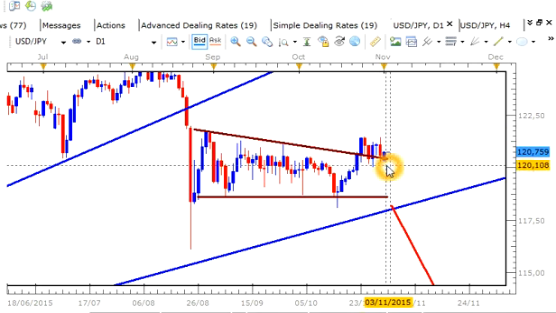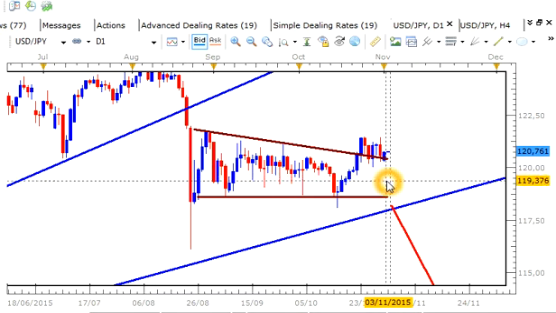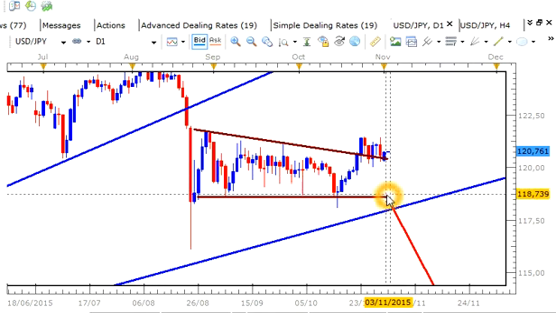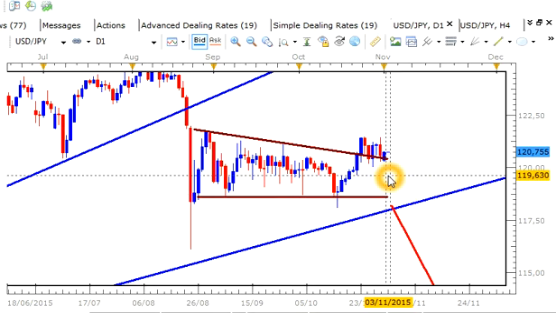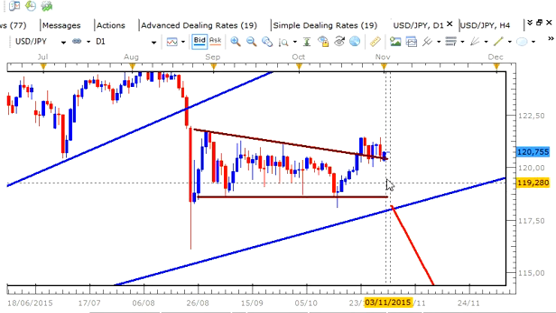Depending on the size of the candle, we could actually see the candle close at 119.70 thereabouts, and given the distance towards the support boundary, that could provide a potential trade of 100 pips. It will be a little bit tight but it is possible.